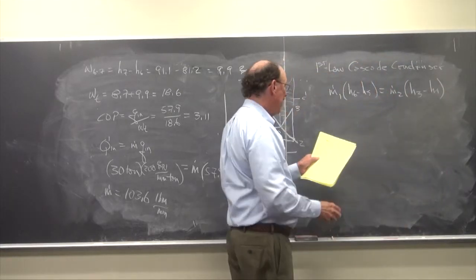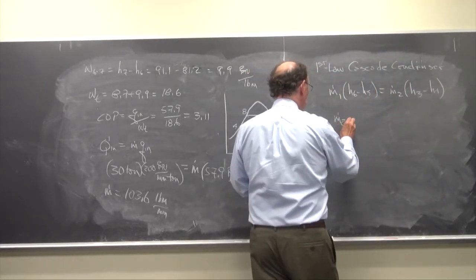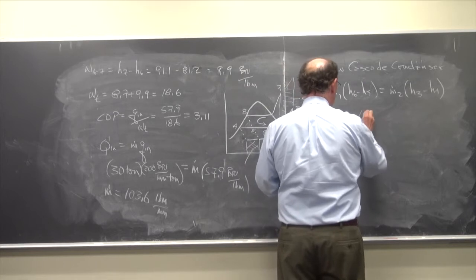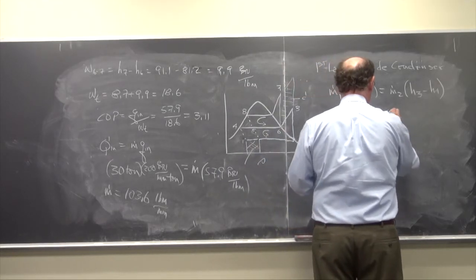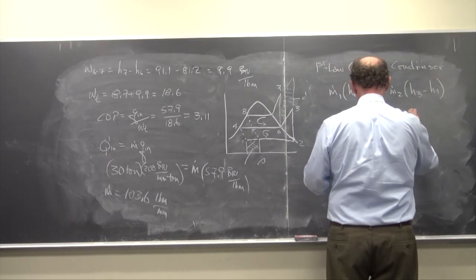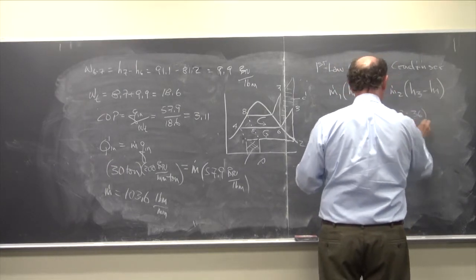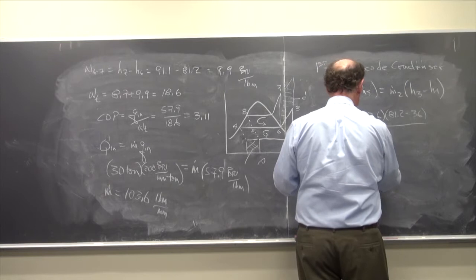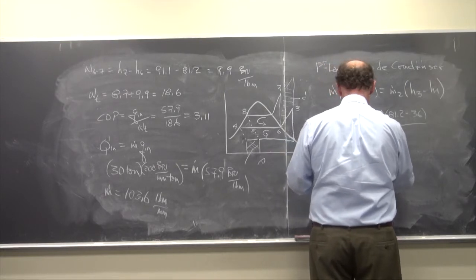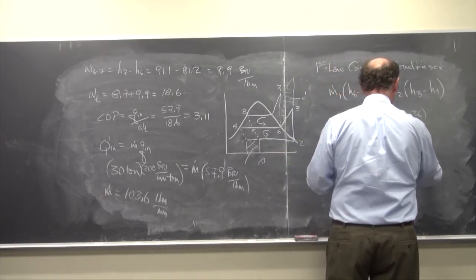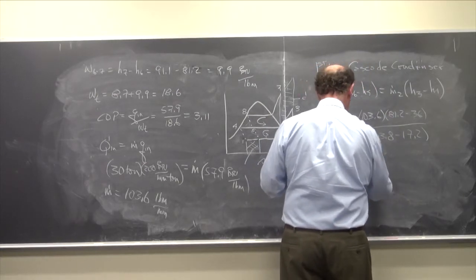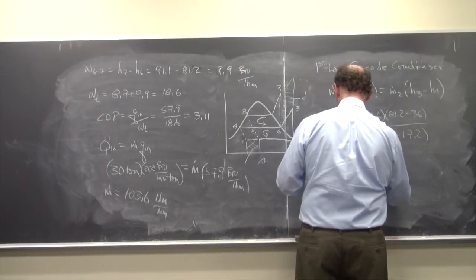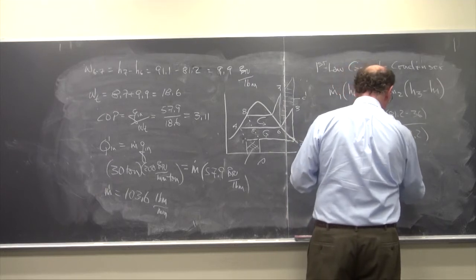So I have all these values. So I have 103.6 times (81.2 minus 36) divided by (83.8 minus 17.2). And it'll give me the mass flow rate of 70.3 pounds mass per minute.